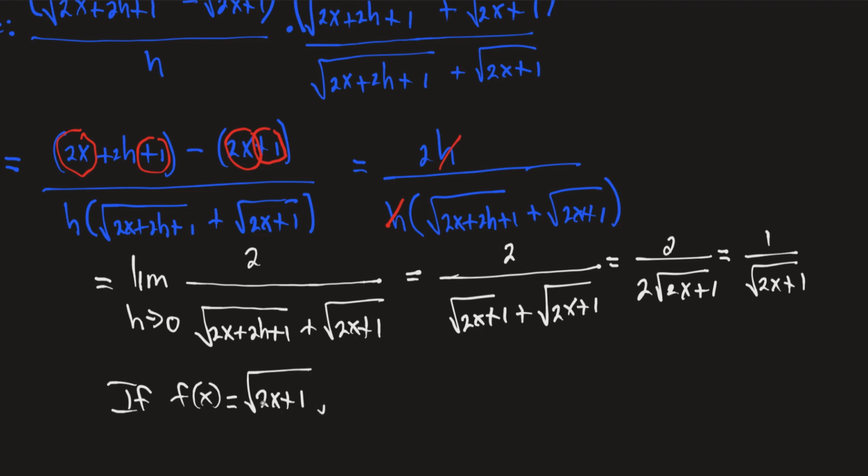So if that's the function that we start with, and we do this derivation, its derivative is equal to 1 over root 2x plus 1. Kind of interesting, because in this particular process the derivative just ends up being the reciprocal of the original. Maybe there are some patterns there that we'll be able to see later on, right?